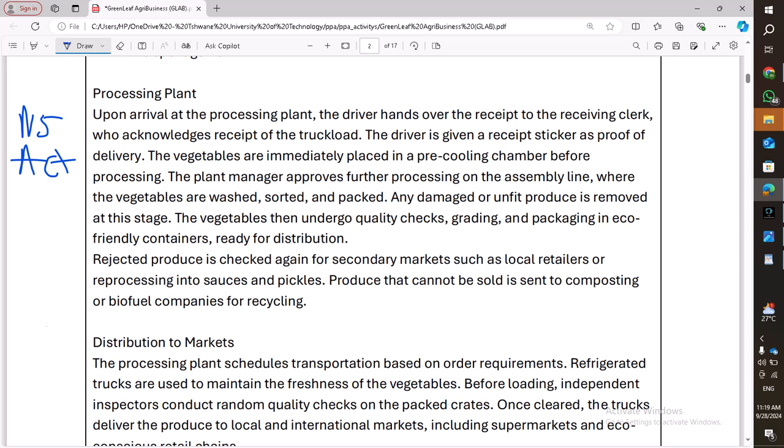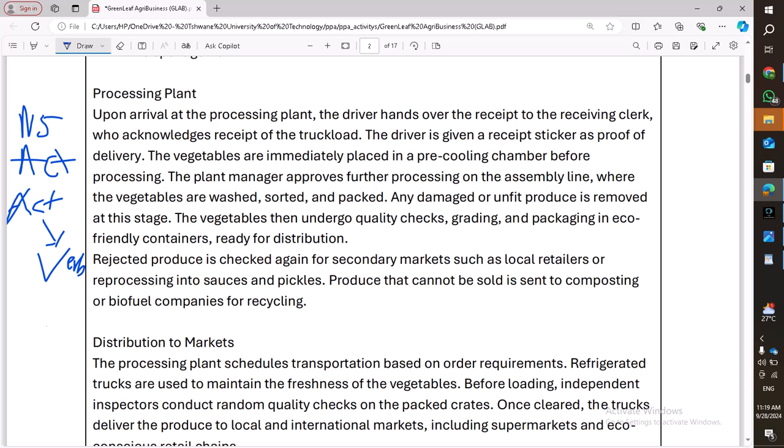And then we'll look at what exactly the system does, what exactly is happening. Then we're looking for action words, which means you look for the verbs.